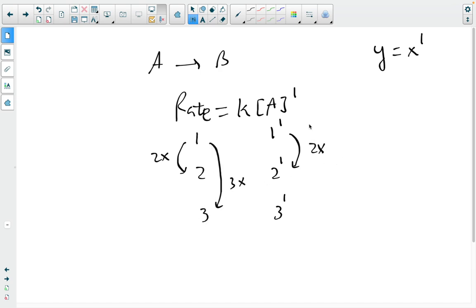So what we notice here is that your rate actually changes by the same factor as the change in the concentration of your reactant. I double it, the rate doubles. I triple it, the rate triples. We call this directly proportional. So we can conclude that rate is directly proportional to the change in the concentration of my reactant. That is what happens when you have an exponent of 1 or when you have a first order reaction.